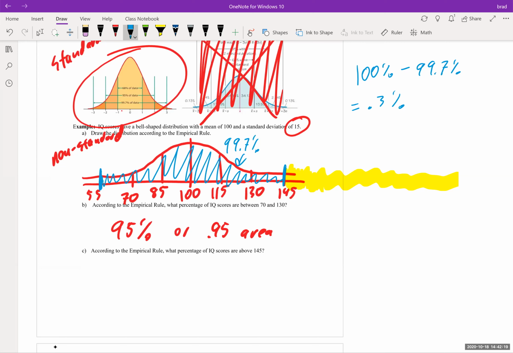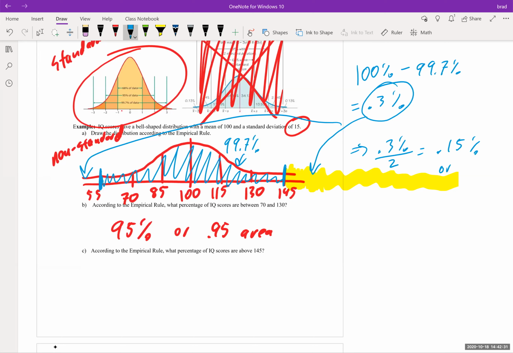So that means that this 0.3% that's left has to go here on this side, but it also has to go over there. So then I take 0.3% and divide it by 2 and I get 0.15% or 0.0015. Okay. So in terms of percentage, it's 15 hundredths of 1% up here. So this area right here is 0.15.